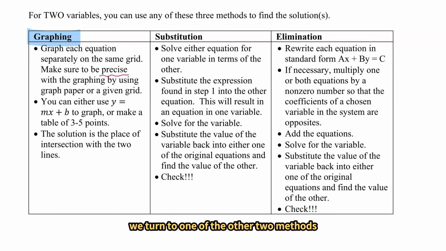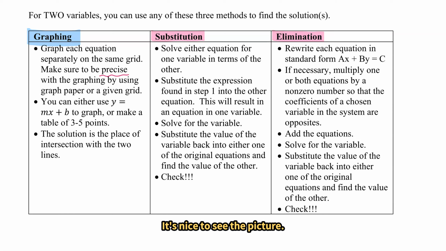And that's why we turn to one of the other 2 methods to solve algebraically. So substitution and elimination are both algebraic methods for solving, which means we're using the equations themselves to try to solve for one of the variables and then find the other variable.